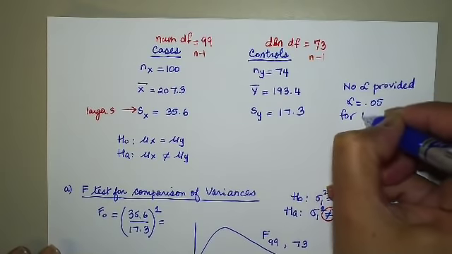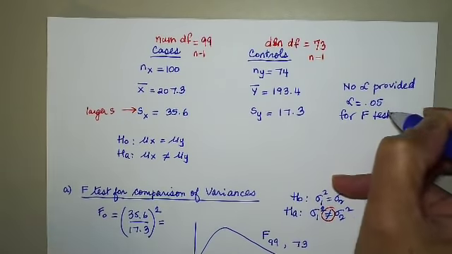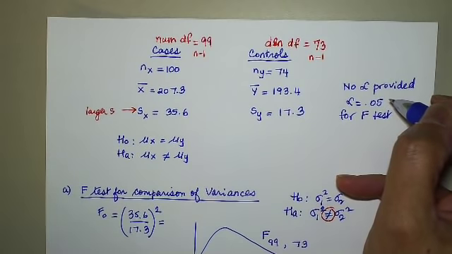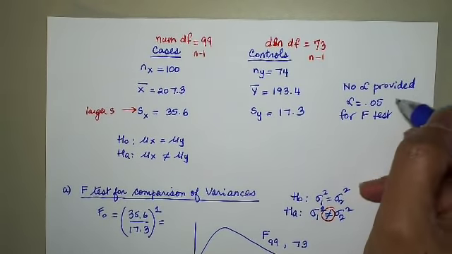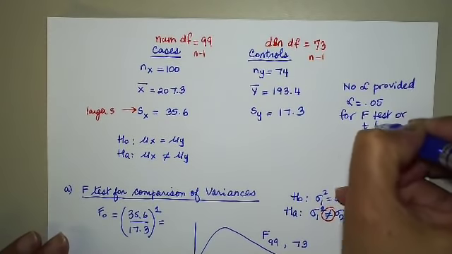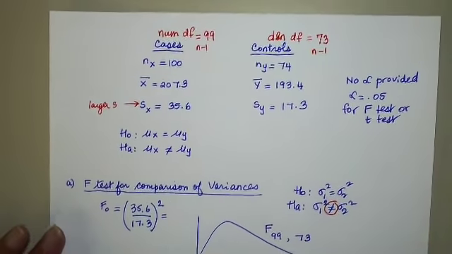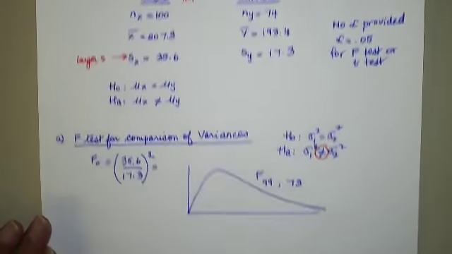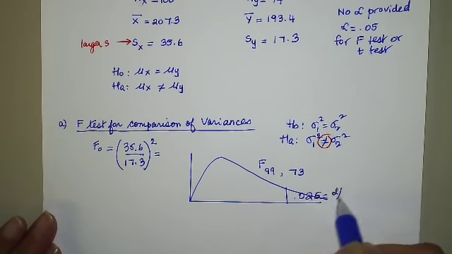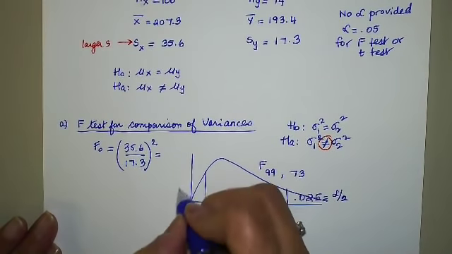Let's use alpha equals 0.05 for the F test. And I think no alpha was provided for the t-test either. Let me just make sure. Yeah, no alpha provided for the F test or the t-test, so alpha is equal to 0.05 for both.